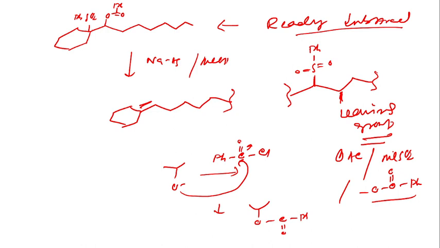If we have this frame, that is the Julia olefination frame, there you just use reduction by sodium amalgam, and you will have this alkene framework. Either the question will be given directly or they will ask you to construct this framework. But this question will definitely come from this topic. It is given in the Clayden book, but the topic is more elaborately written in Carothers. So read it first.